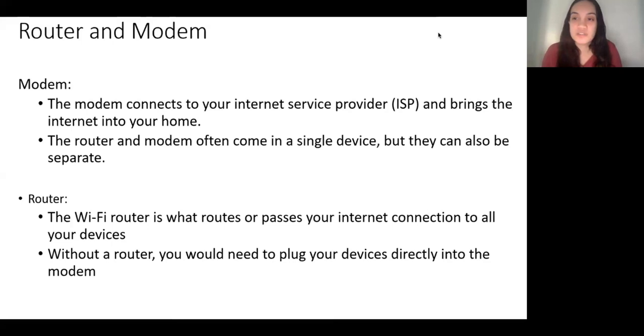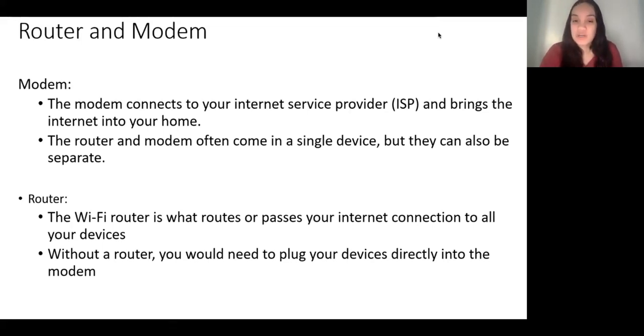I will show a picture in the next slide. That's usually called a gateway. But if you have two boxes in your house, then you probably have a modem and a router. The modem is what brings the internet connection. The router is what routes or passes your internet connection to all your devices.